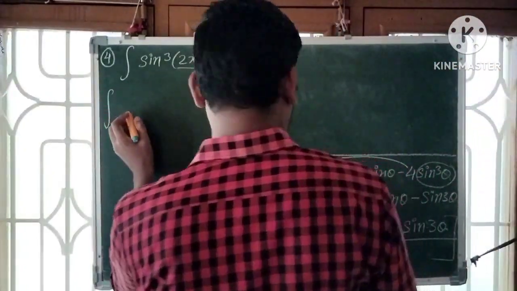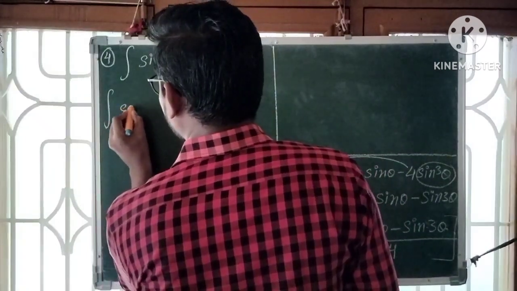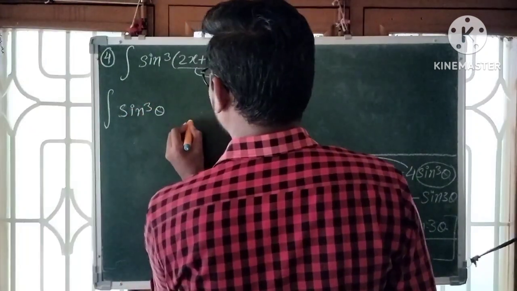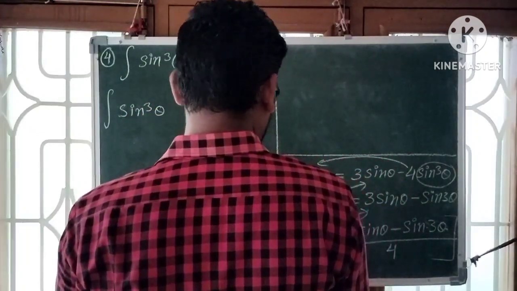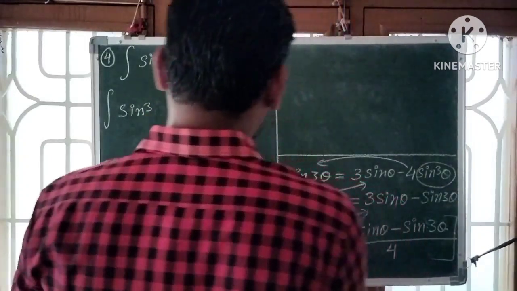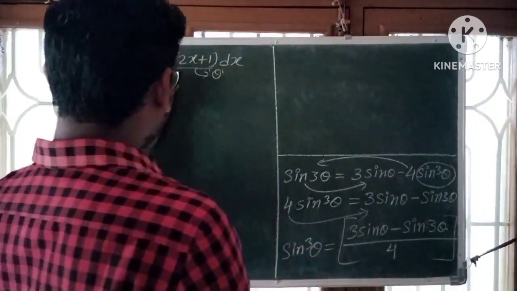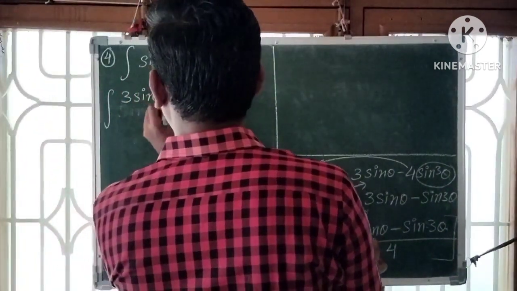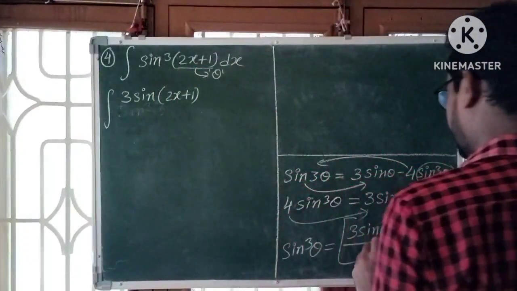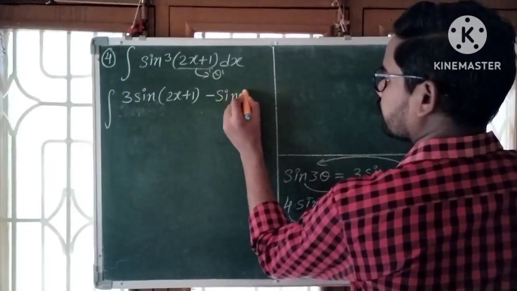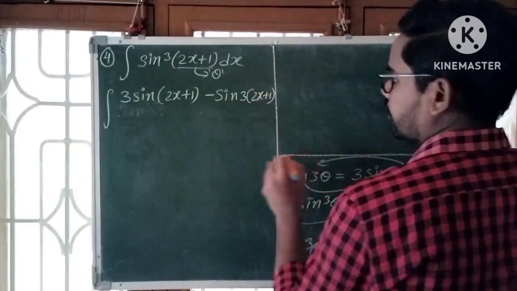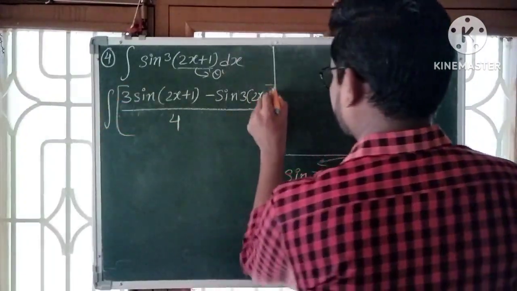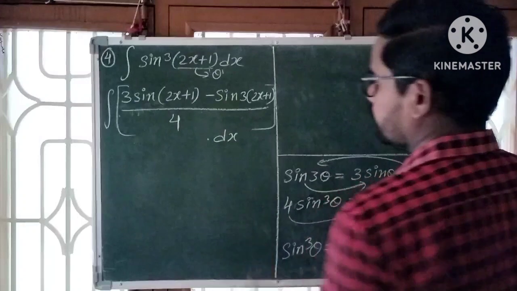Then the integral of sine cube theta, in place of sine cube theta we can write 3 sine (2x plus 1) minus sine (3 into (2x plus 1)), the whole divided by 4, into dx.